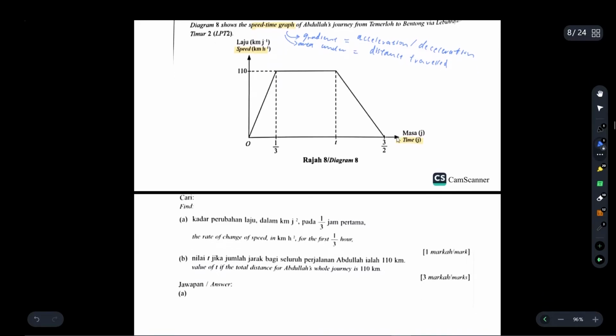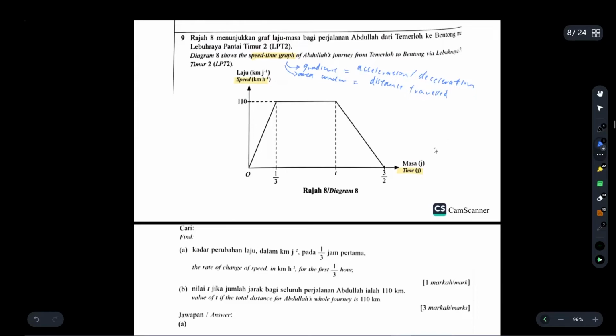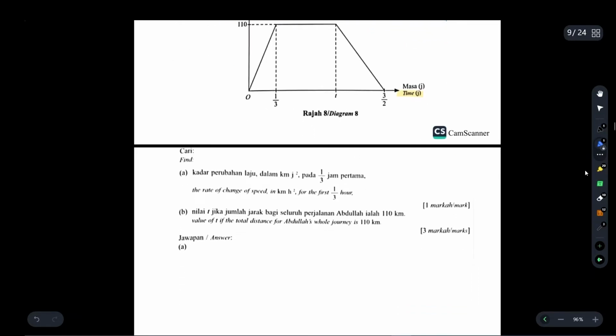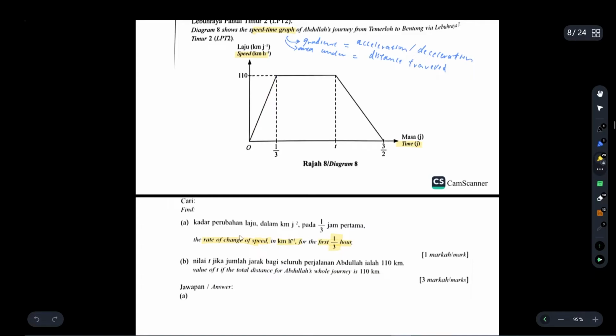We need to find the rate of change of speed, which is acceleration or deceleration, for the first 1/3 hour. Remember, we have to write in this unit. Don't use other units.